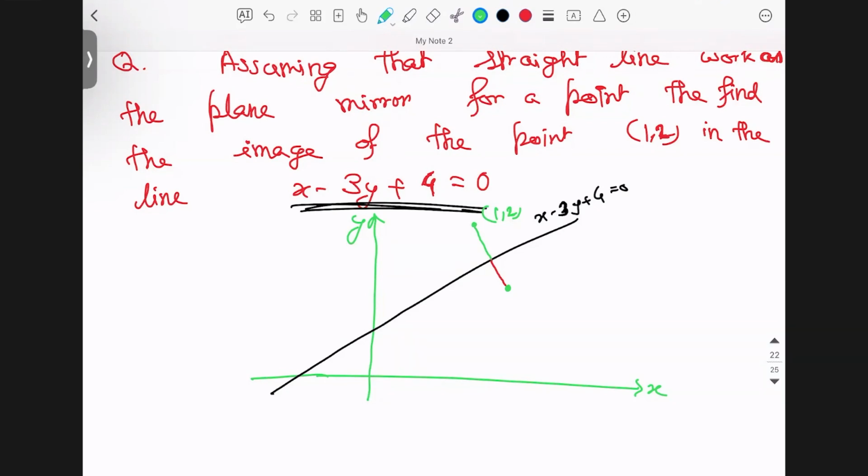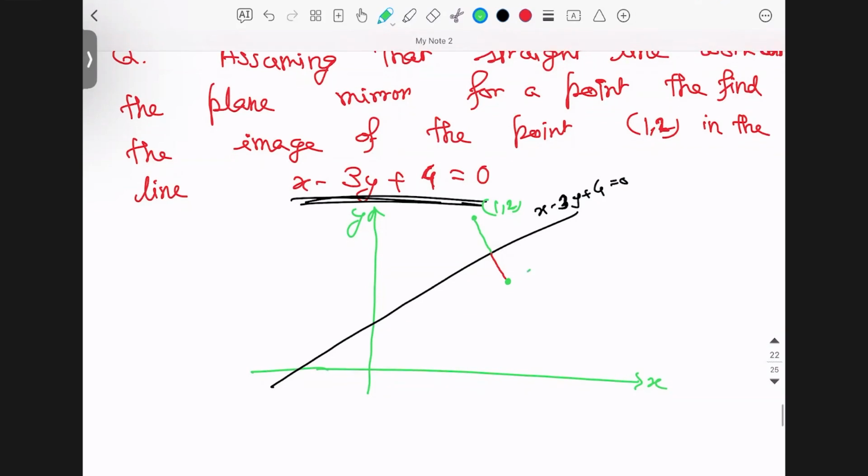So what is the question? The question is, if this point has coordinate h comma k, then this straight line bisects this line at the midpoint perpendicularly. This is the main constraint. Bisecting perpendicularly at the midpoint.